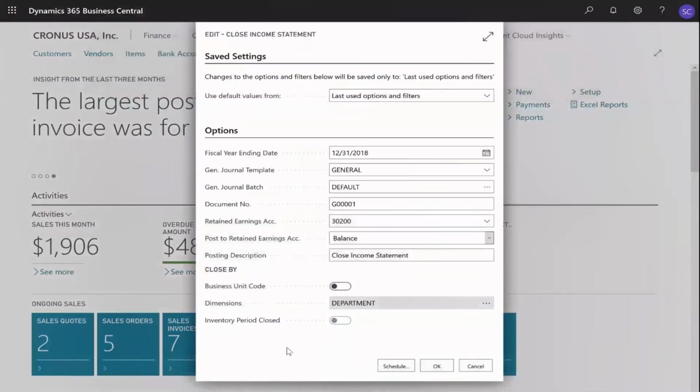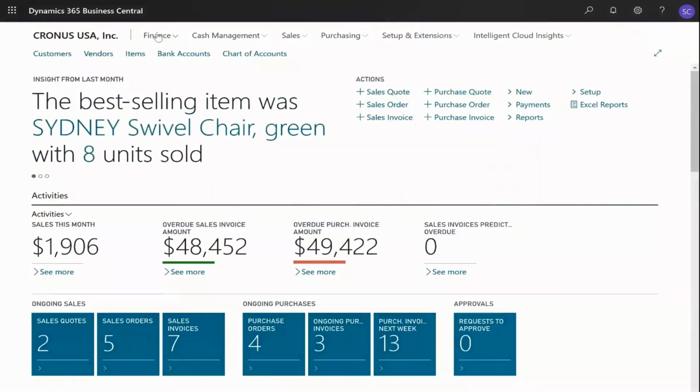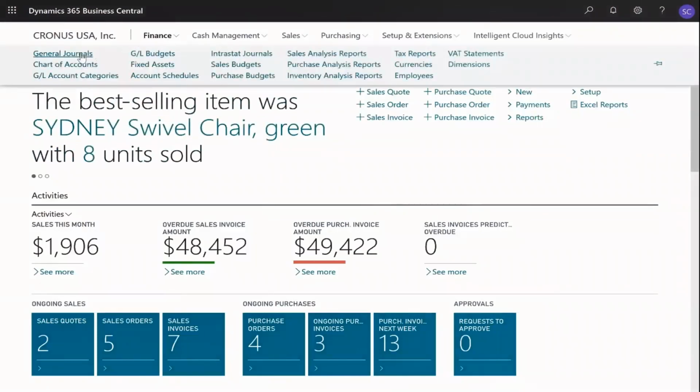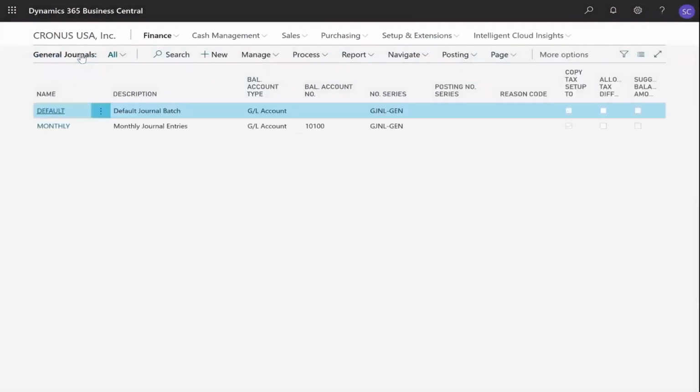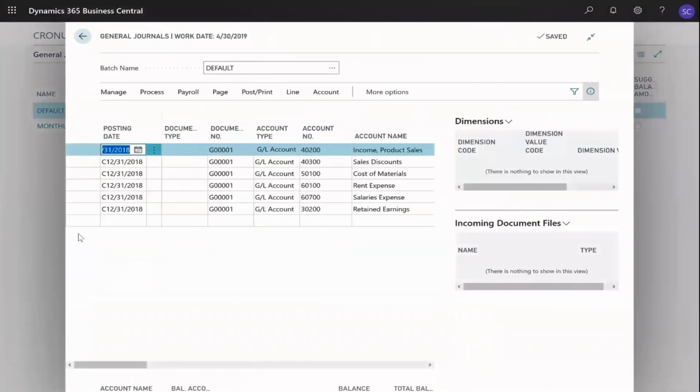So in this case, I'm using department close by dimension as well, my figures, to begin the following year with the actual values that will be 0 for the next year. And we are closing also my P&L with my dimensions. And here I see that with the close income statement function, I have generated a general journal.